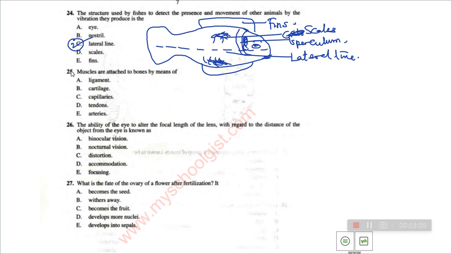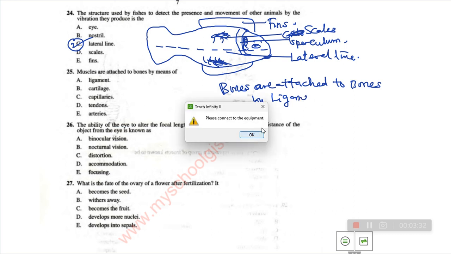Let's look at number 25. Muscles are attached to bones by means of... There's something you need to know: bones are attached to bones by ligaments. Take note of that.